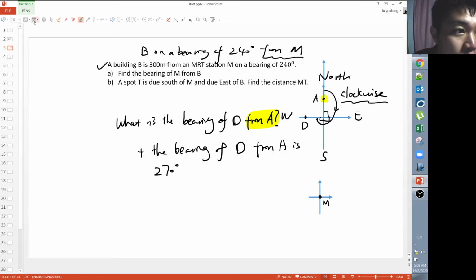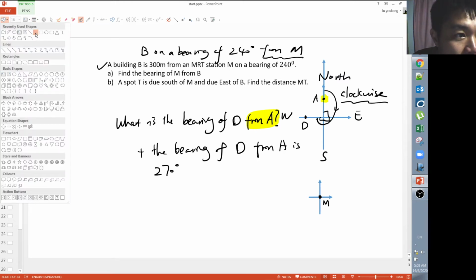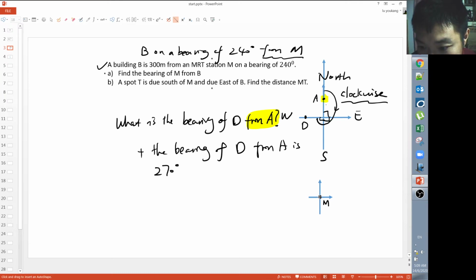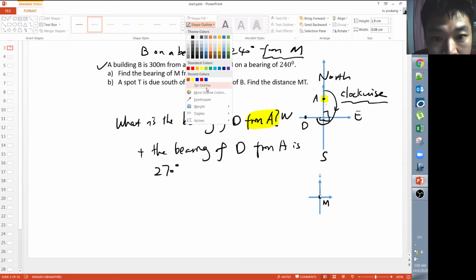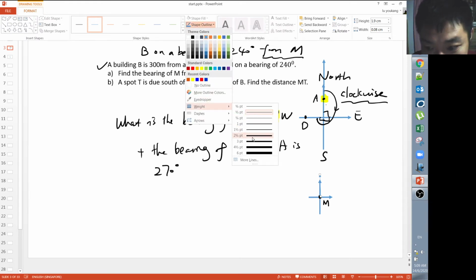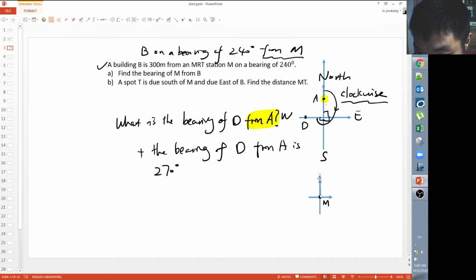What you need to do first is draw a line upward to the north. So this is the line upward to the north. Actually I can make use of a different color to differentiate.